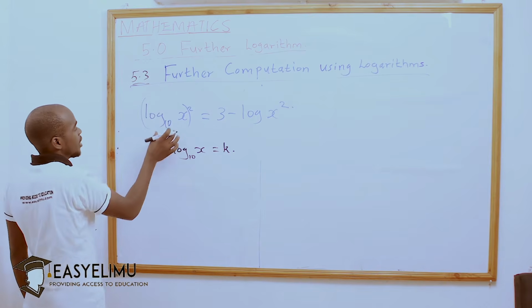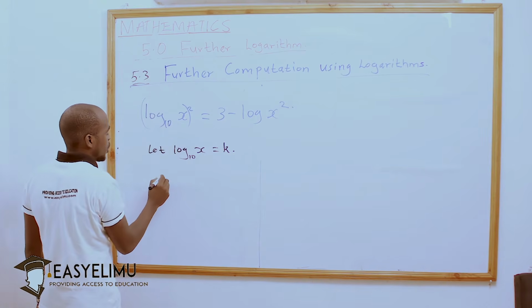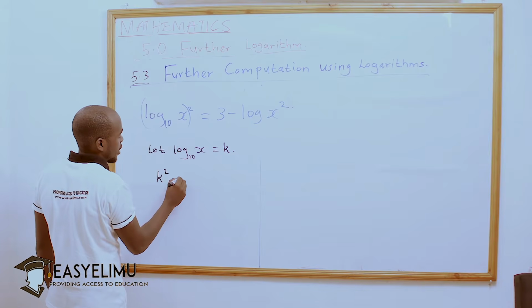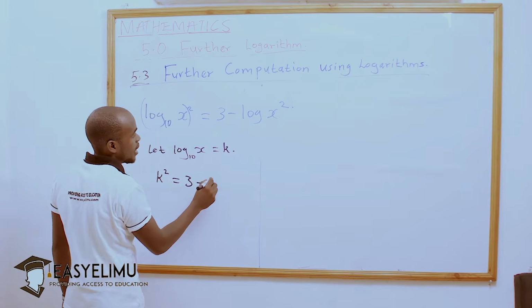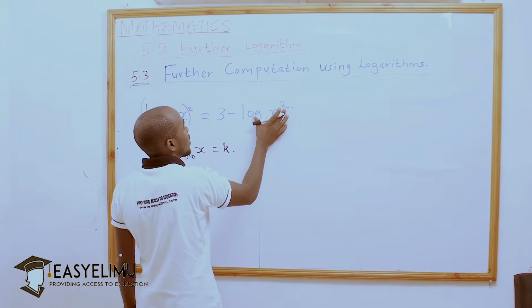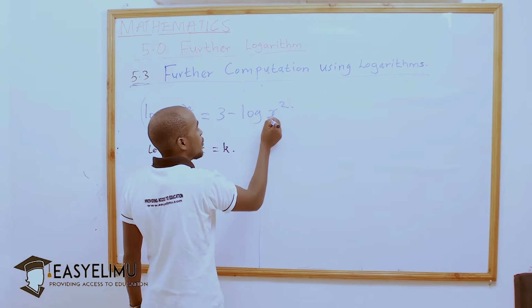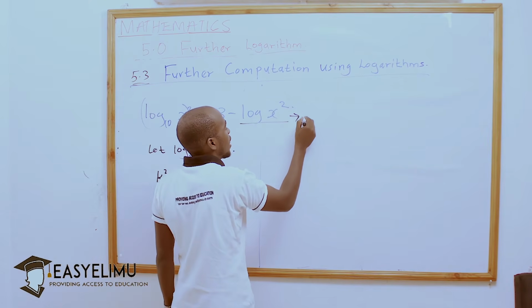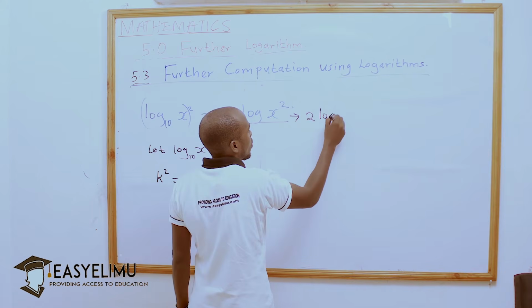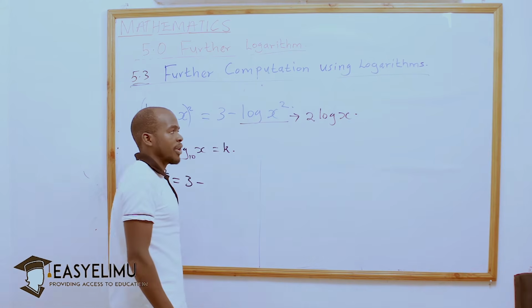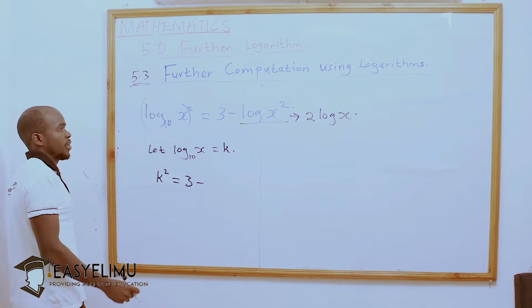Such that if we substitute k here, we shall have k squared is equal to 3 minus, now this one we can change it to, remember what we said, it's like writing 2 log x. I think you remember that law of logarithm from the identity which we have done.